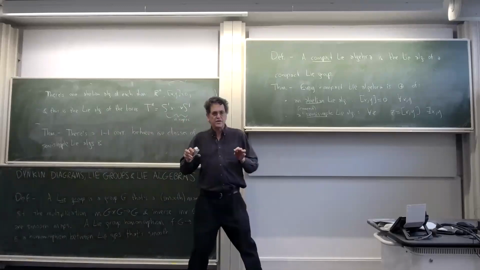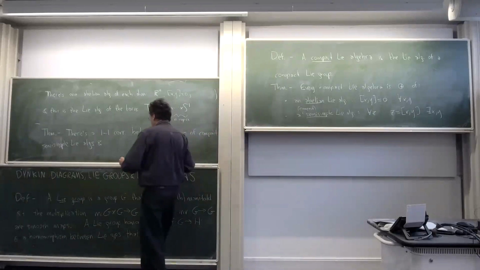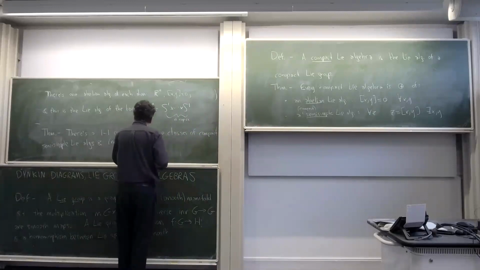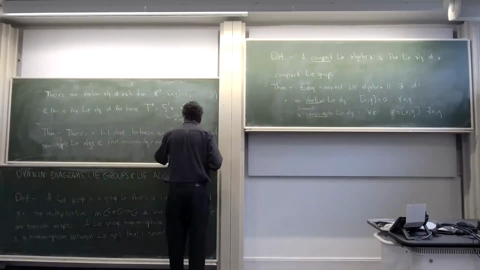Now, I said that you could get these Dynkin diagrams that have several pieces, the non-connected ones. And then we focused on listing the connected ones. But here I want to allow the not necessarily connected ones that are built out of those connected pieces.